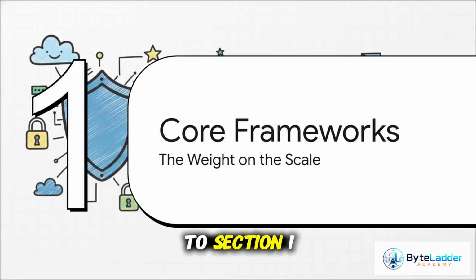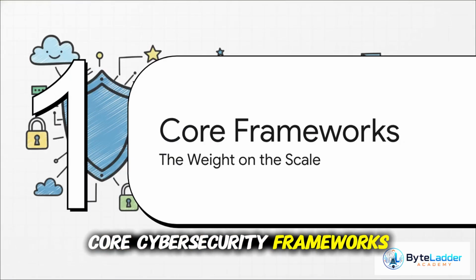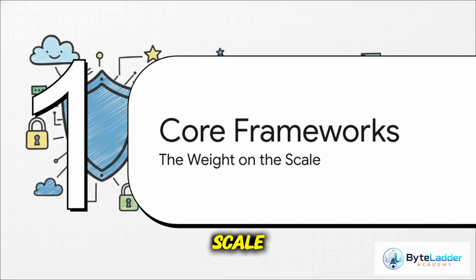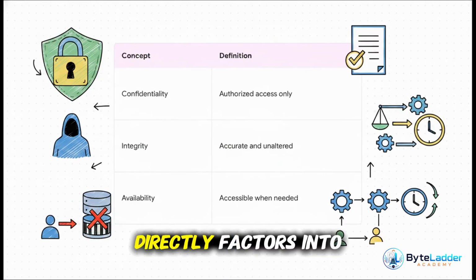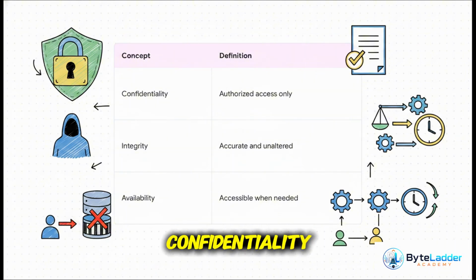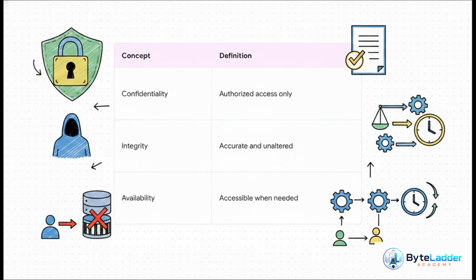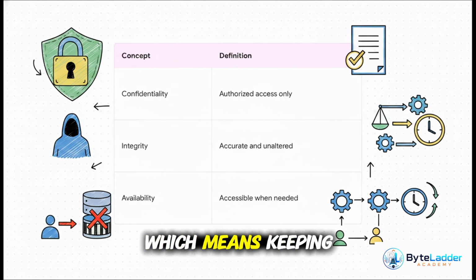All right, let's move to Section 1, Core Cybersecurity Frameworks, or the weight on our security scale. It's honestly fascinating how the classic CIA Triad directly factors into this usability problem. The Triad ensures confidentiality, which means keeping information private and restricted to authorized people. It ensures integrity, which means keeping information completely accurate and unchanged.